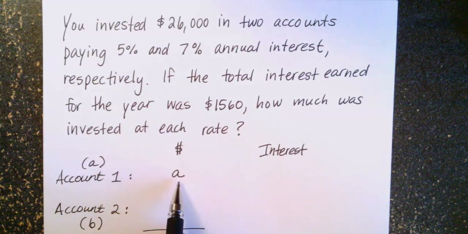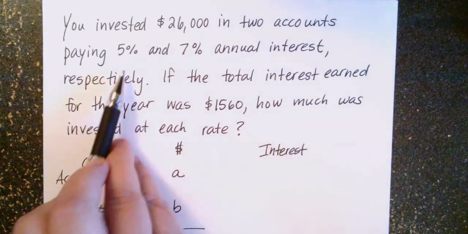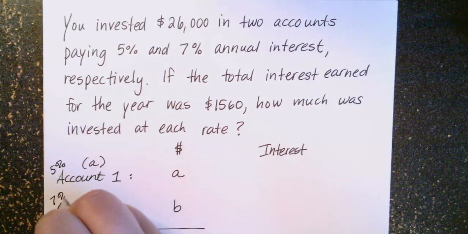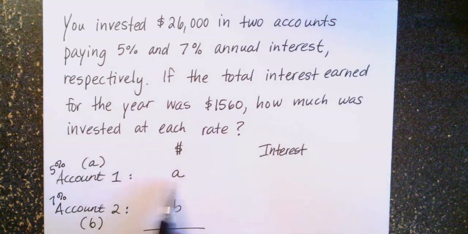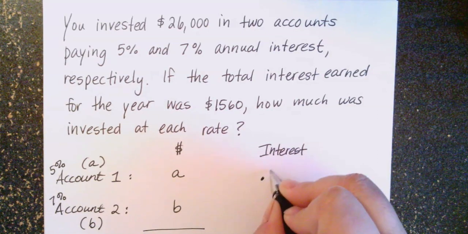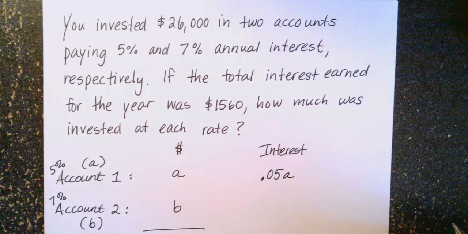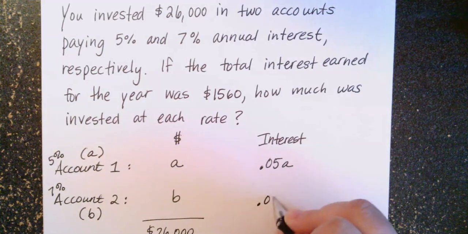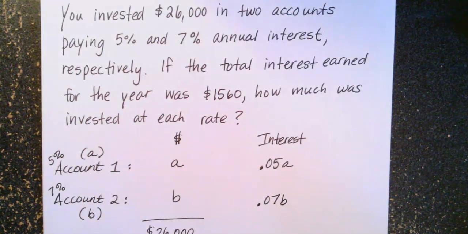So let's look at how much money comes out of the interest for account 1. If A is the amount of money in there, and this is the one paying 5%, and we're going to let the first one be the 5% one and the second one be the 7% one, then the amount of interest I'll get out of that account is 5% of A. The way we write that mathematically is 0.05 times A. And the account that earns 7% interest and has B dollars, I'll get 0.07 times B out of that account.